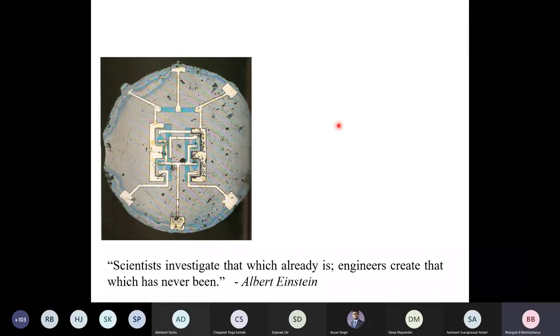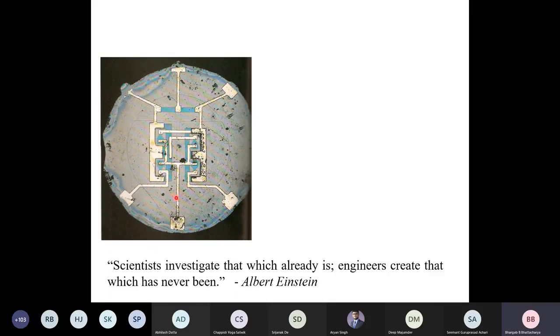What could this be? If we look at the periphery, what do you see? There are some terminals here. These are input-output lines; see, these are metal pads. And here, interestingly, there is a circuit.